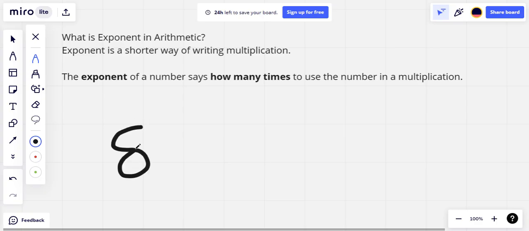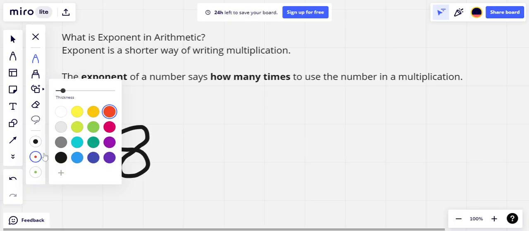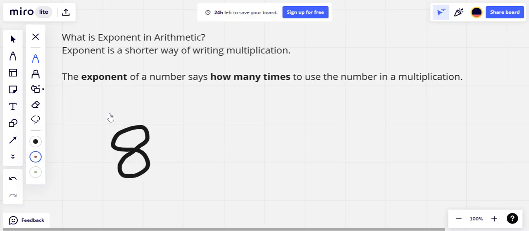I write the number 8, and then let me get a different color right here because I want you to see, and the size of this color is okay. So I write the number 2. There we go. Now let's talk about this.